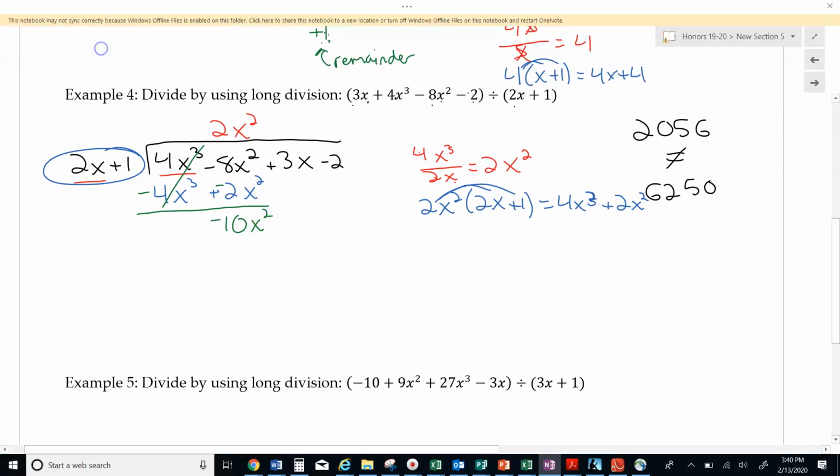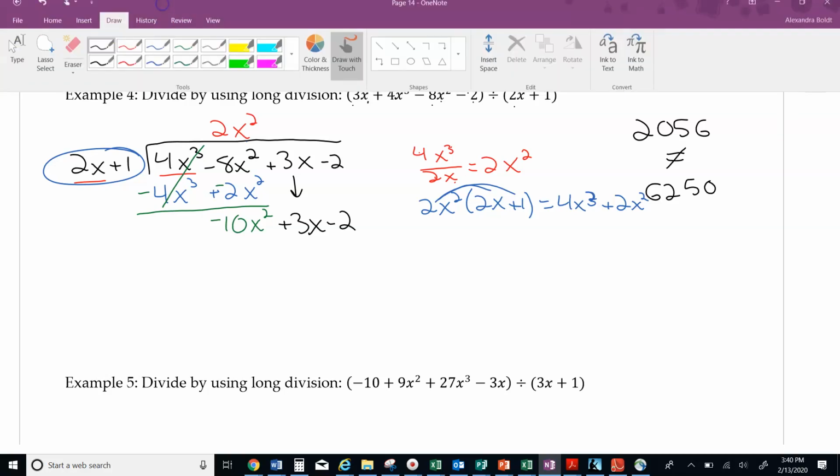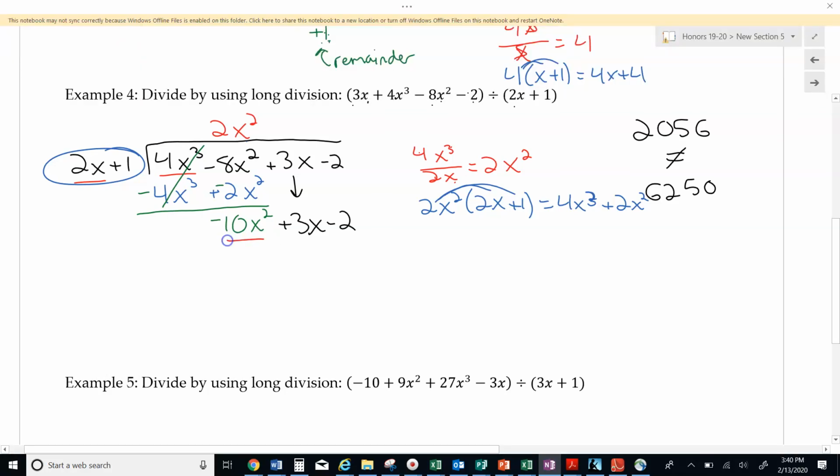I'm going to bring down plus 3x minus 2. Then divide. Negative 10x squared divided by 2x. Negative 10 divided by 2 is negative 5. X squared divided by x is x.